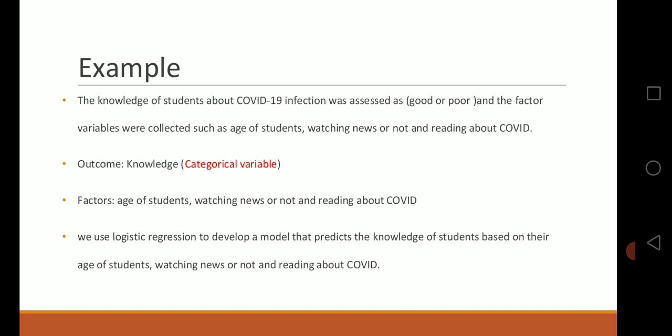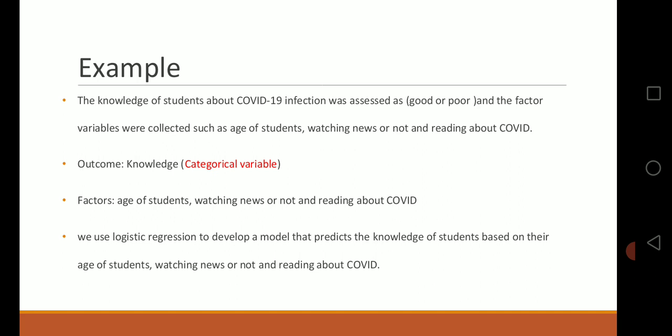The first step, we go and define our outcome variable. In this study, we want to assess the knowledge of students based on the factors: the age, watching news, and reading about COVID. Okay? In this study, the outcome variable that we are assessing or predicting is the knowledge of students. Just like we said, the knowledge of students is assessed based on these factors.